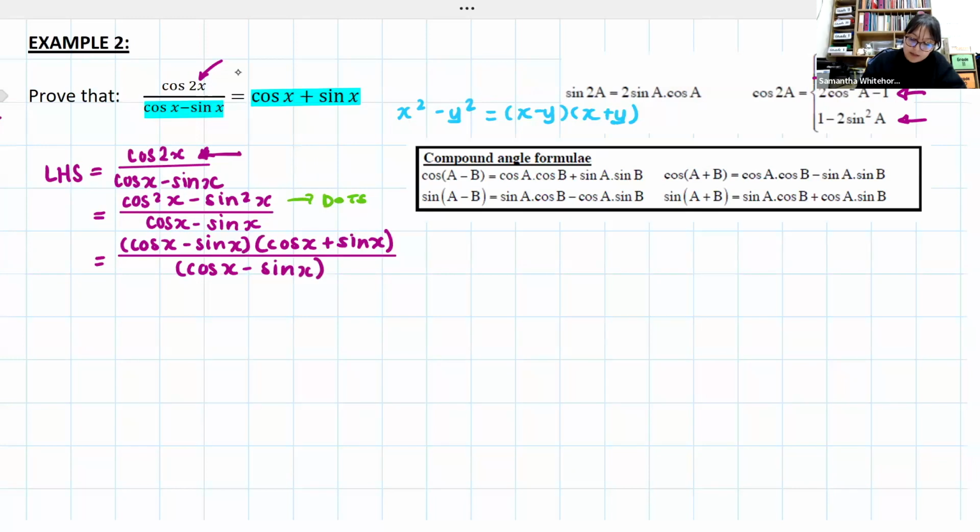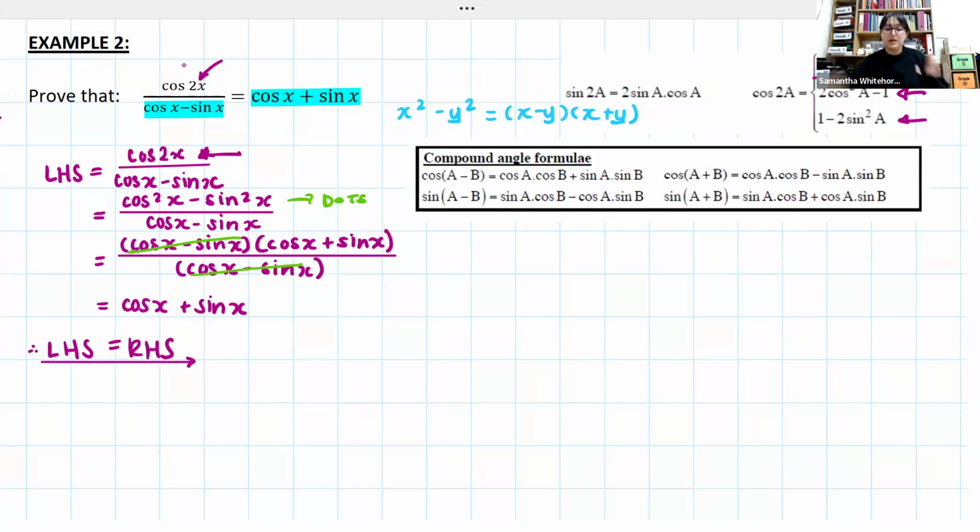And what I now see is that the cos x minus sine x brackets divide away. They become 1, and so all I'm left with is cos x plus sine x. If you refer back, that is the right-hand side. So I've proven that the left-hand side is equal to the right-hand side.